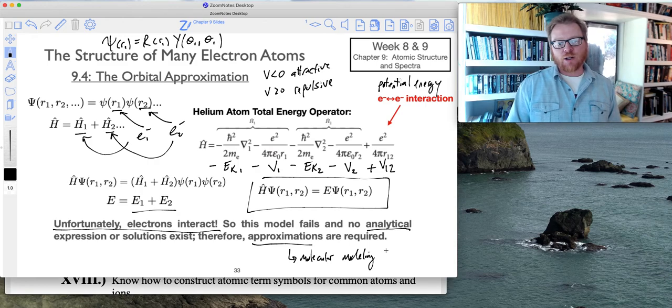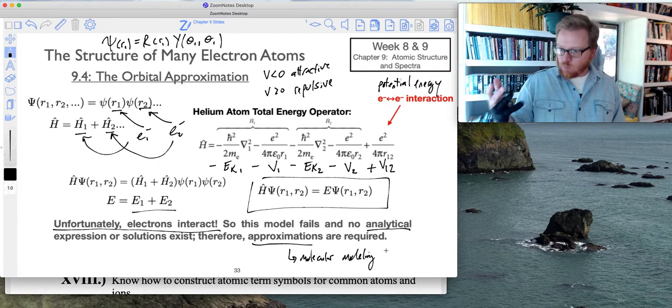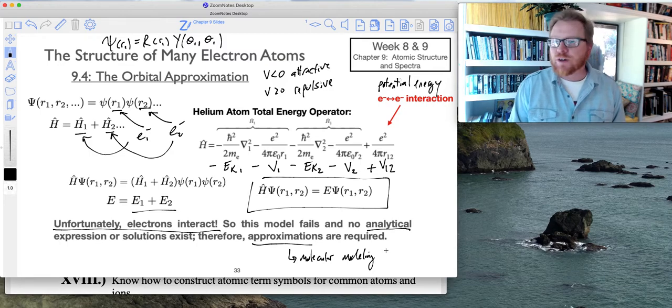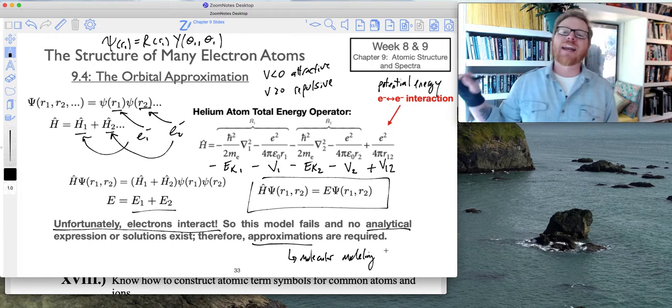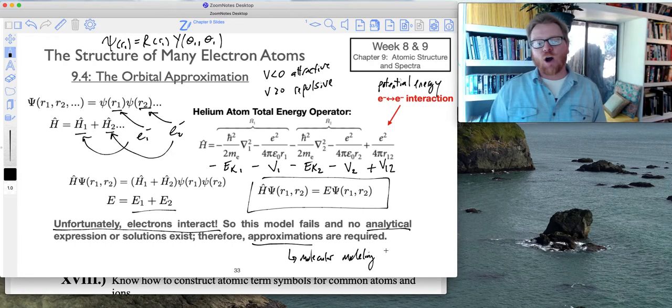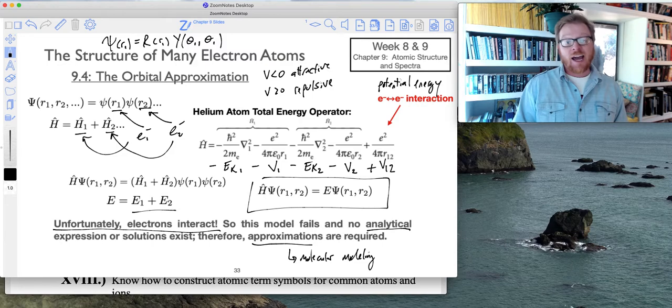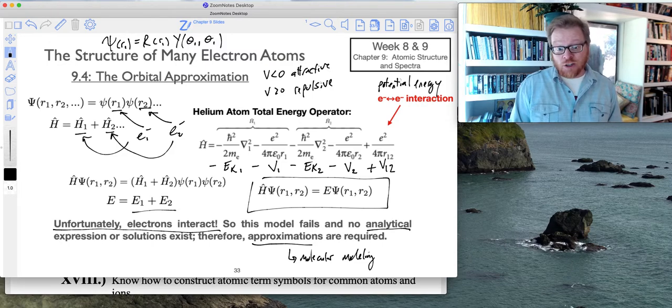If you took molecular modeling, Chem 330 with Josh Smith, you talked about density functional theory. That's one way of approximating these multi-electron atoms and molecules. Hartree-Fock is another method. So there are all kinds of named methods that go into making these approximations. And all of them rely on using a computer to solve the problems for us.